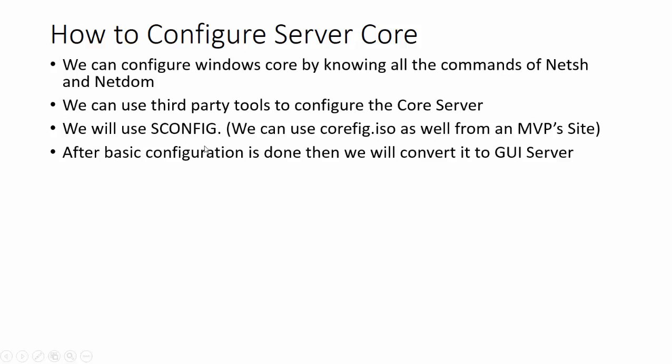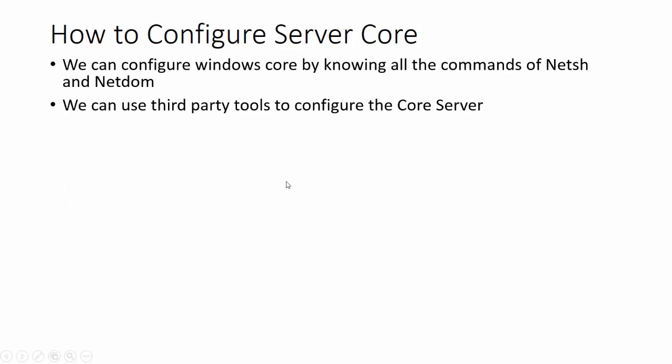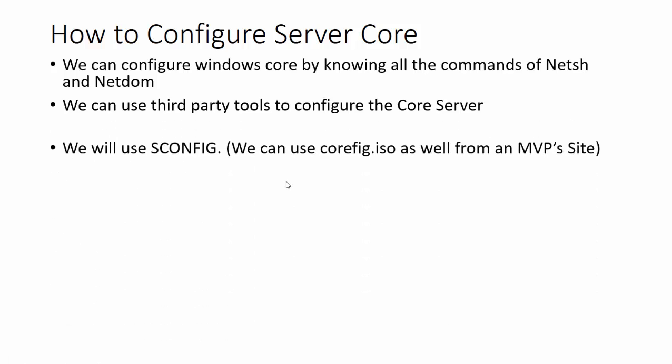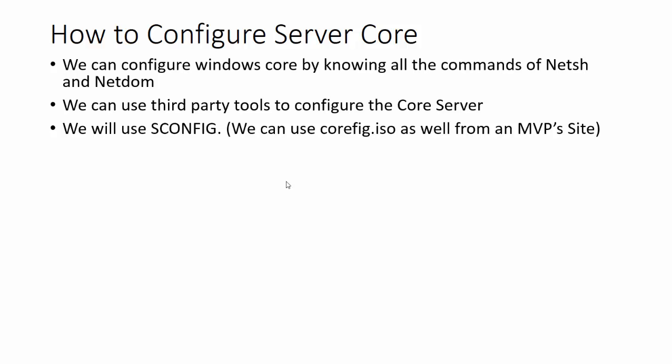So we will use sconfig, yes we will. After basic configuration is done, then we will convert it to GUI server. We will join it to the domain. So our objective today, first we're going to install Server Core, right? Directly, not by cloning. Then once you install Server Core, we're going to configure it with sconfig.